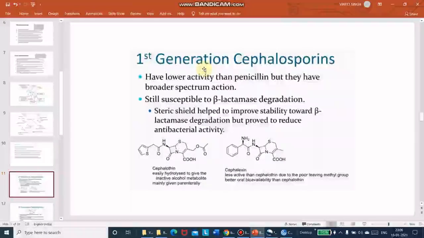There are many generations of cephalosporins according to their potency, activity, and efficacy.